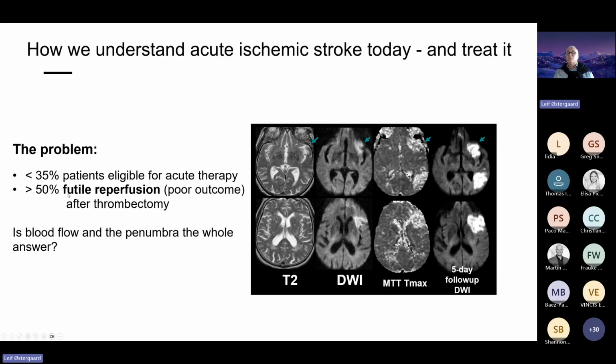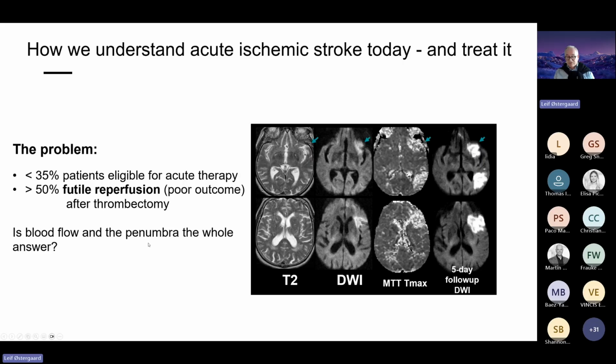And another, which is more severe, is that even though we can restore blood flow successfully, half of our patients still don't get good outcomes. So that has, of course, led some to think, is there something wrong? Is low blood flow and penumbra not the whole answer to this clinical problem?